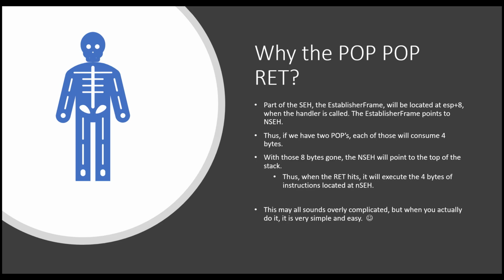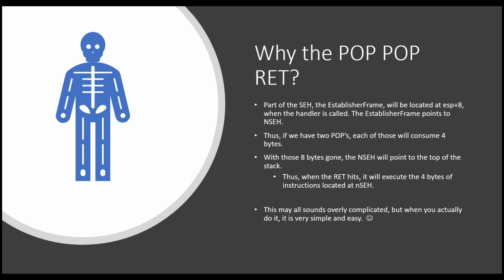So if we have 2 pops, each pop is going to remove an address. An address is 4 bytes. So essentially we consume 4 bytes twice, or consume 8 bytes. So with those 8 bytes gone, then ESP points to the start of NSEH. And thus when return hits, it will then execute the 4 bytes of instructions located in NSEH.